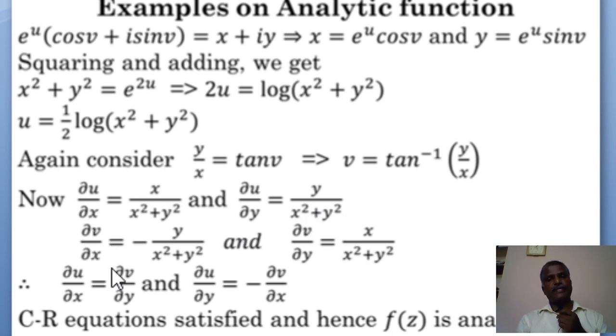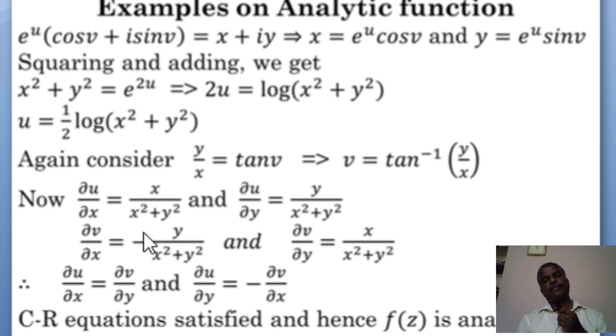And dou v by dou x, it is tan inverse. The differentiation of tan inverse x is 1 by 1 plus x square, so 1 by 1 plus y square by x square. Taking LCM, it becomes x square plus y square, and also the differentiation of y by x with respect to x is minus y by x square.